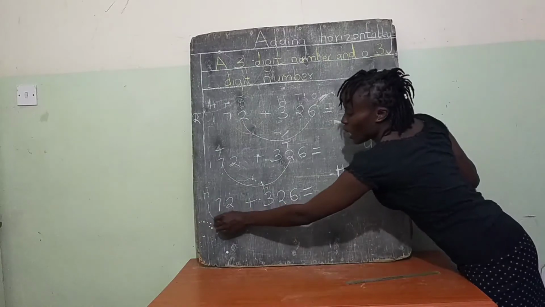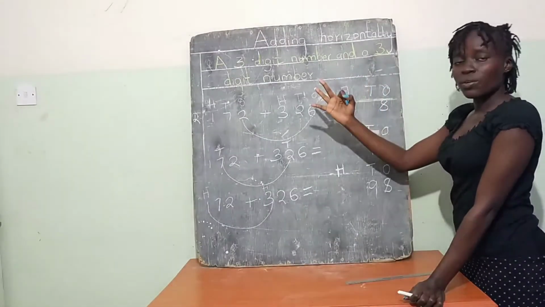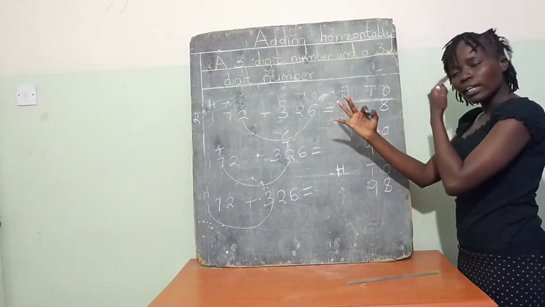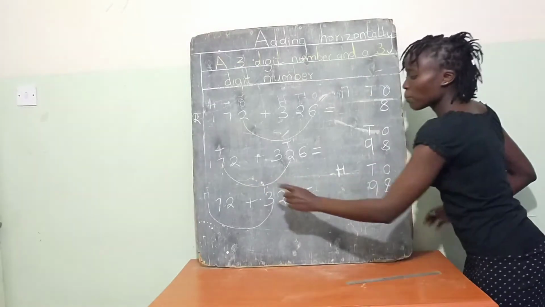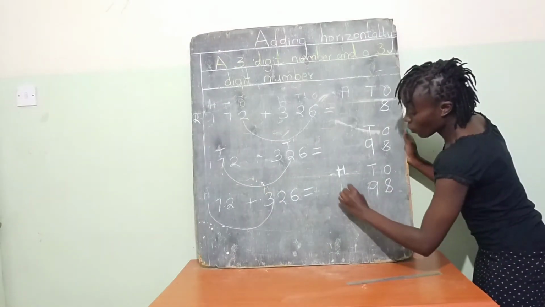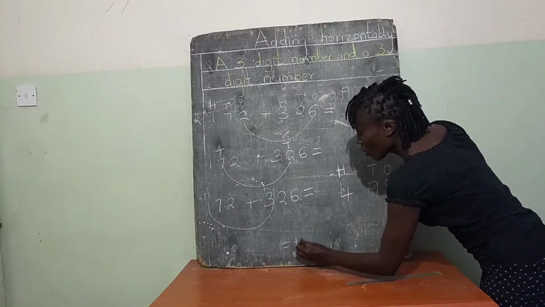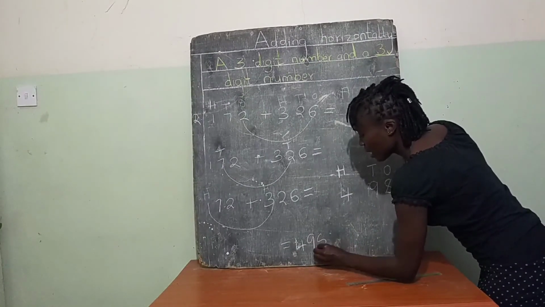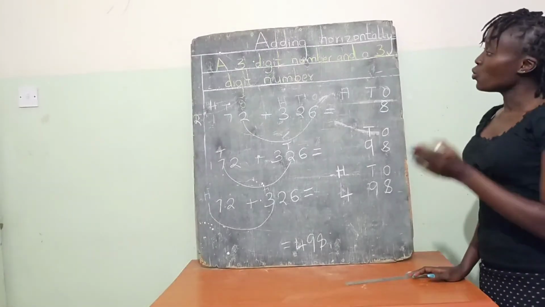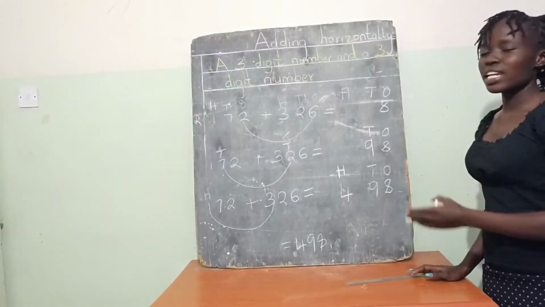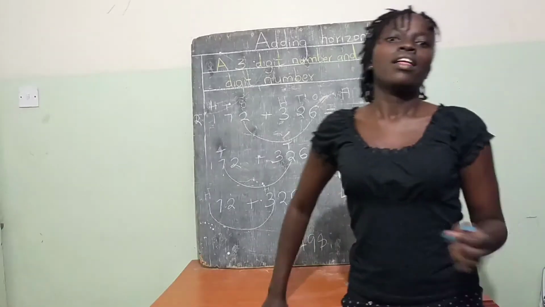Then you add 1 plus 3. 1 in the head, 3 on the fingers. 1, 2, 3, 4. Therefore, 1 plus 3 is 4. Then our answer is 498. Therefore, that is how you add horizontally two 3-digit numbers. Thank you.